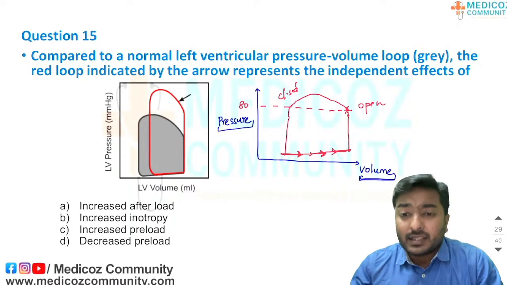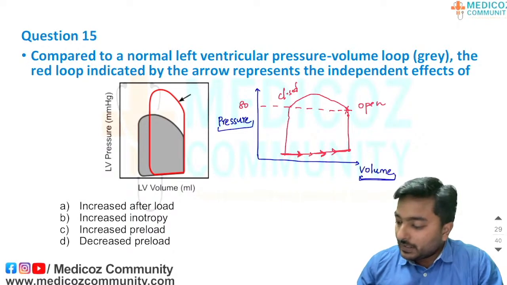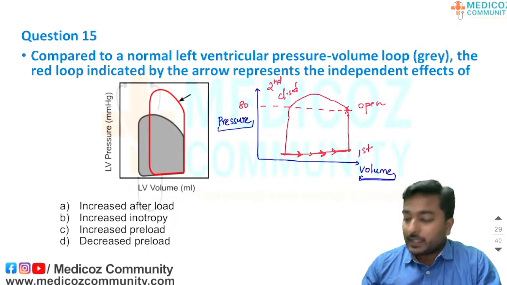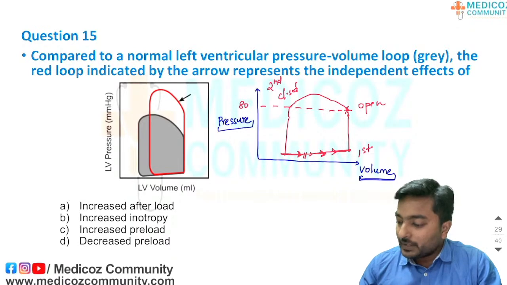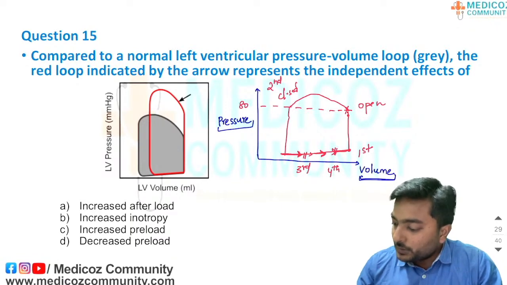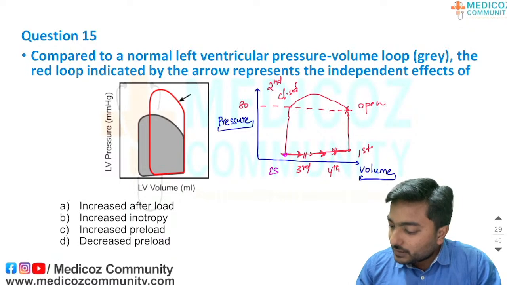So this is the complete pressure volume loop, and this is where you hear the first heart sound, and this is where you hear the second heart sound. Over here, in the rapid filling phase, the third heart sound, and during the atrial systole we hear the fourth heart sound.